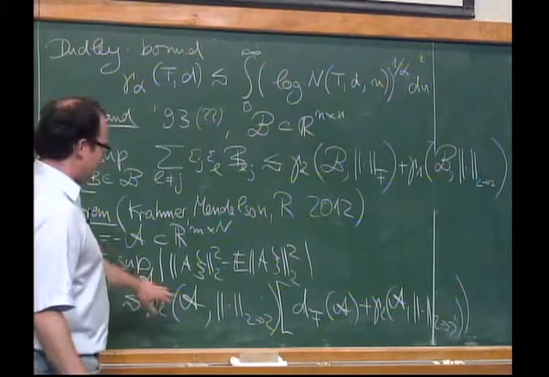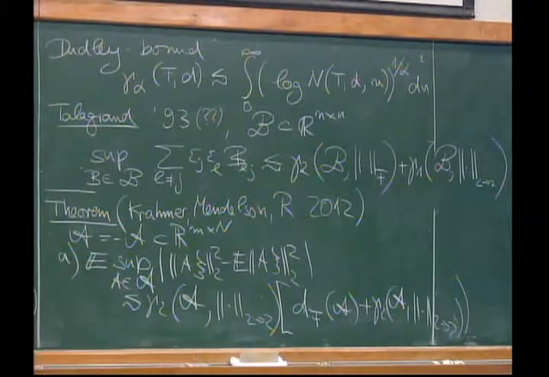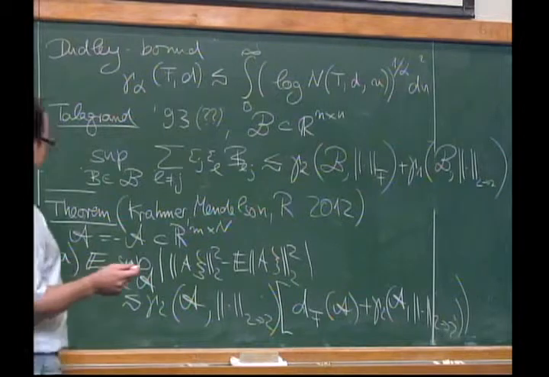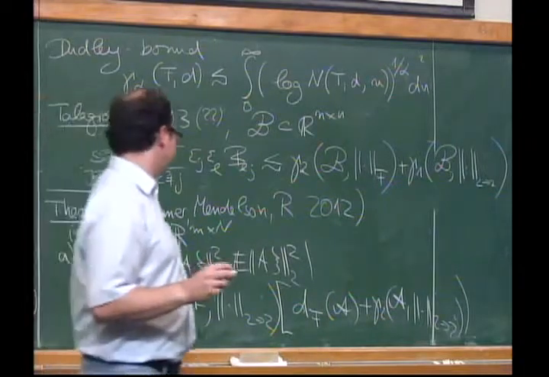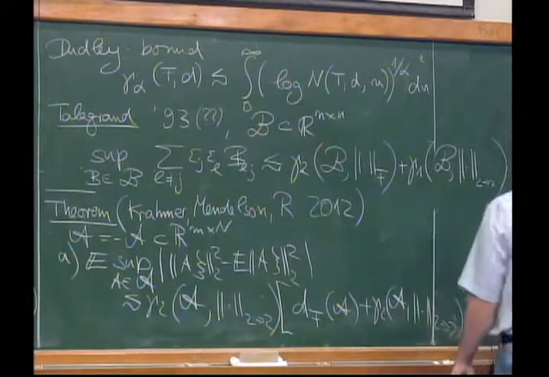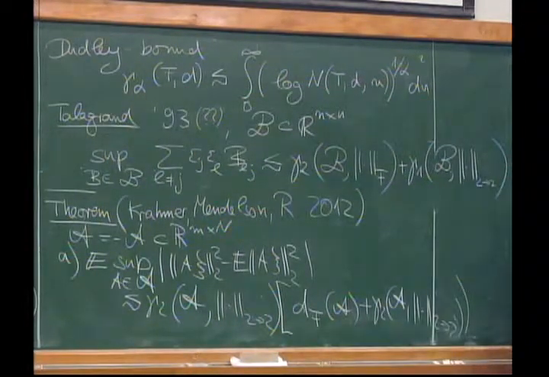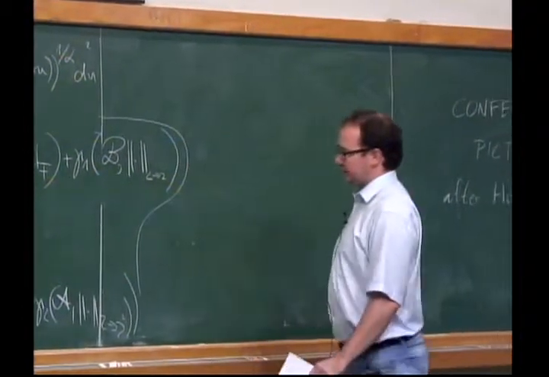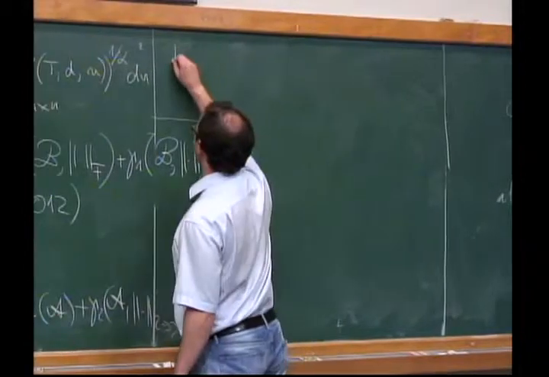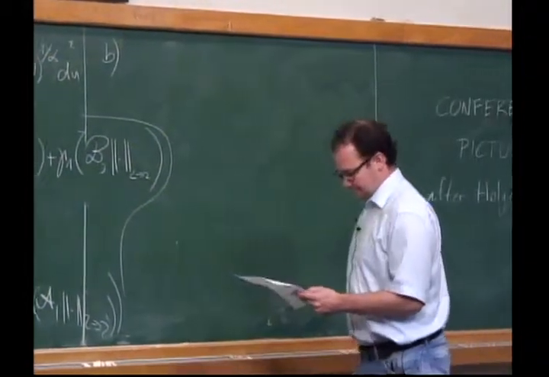And using this bound, we could then prove that in the RIP, the number of measurements needs to scale linearly with the sparsity up to logarithmic terms. So we have this bound for the expectation, but we also have a bound for the tail.